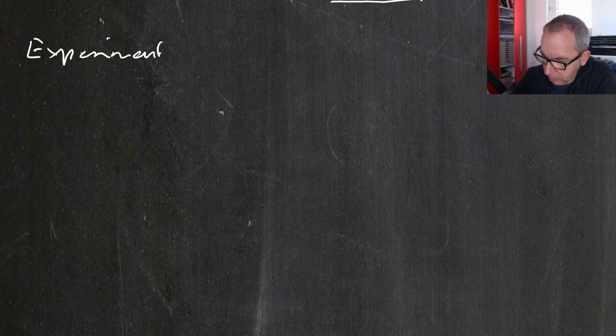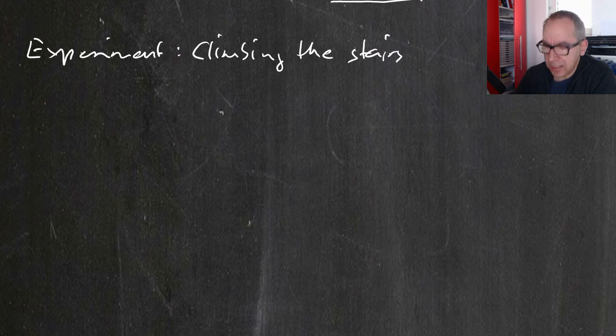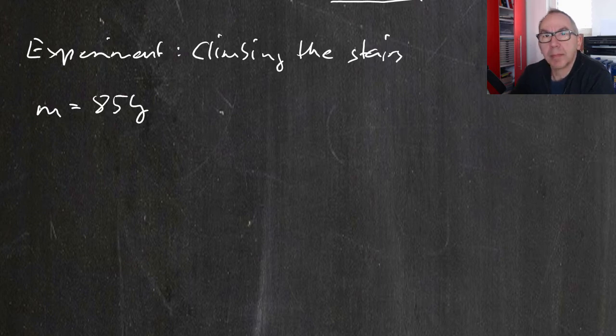Maybe you would like to know what your power is. An easy experiment to find out is climbing the stairs. So let's assume you have a mass of 85 kilogram and you just go one level higher.